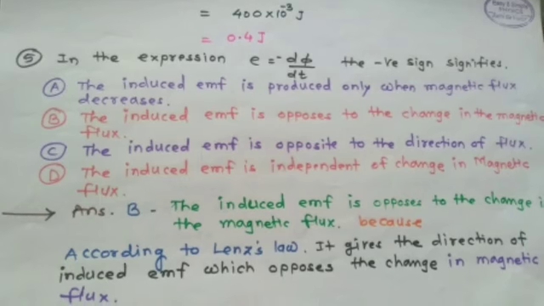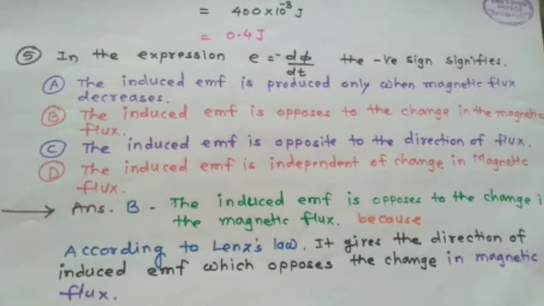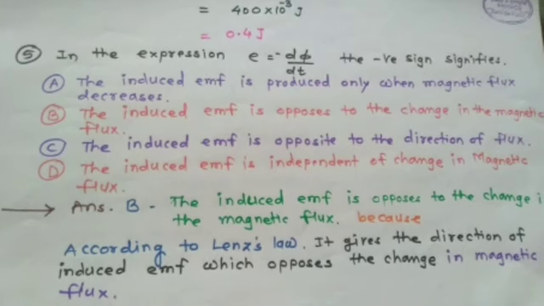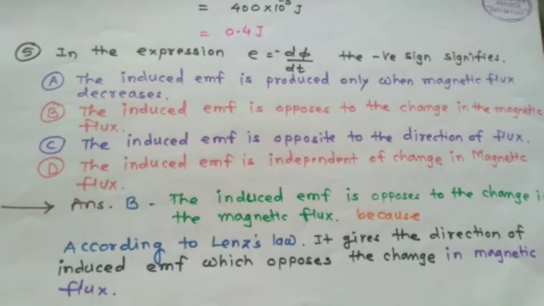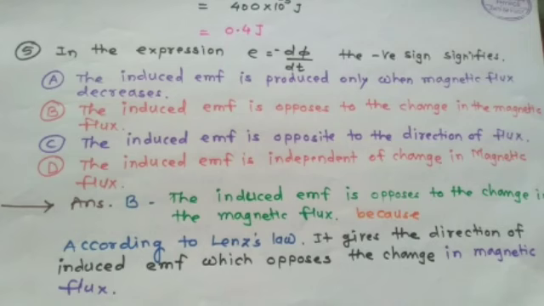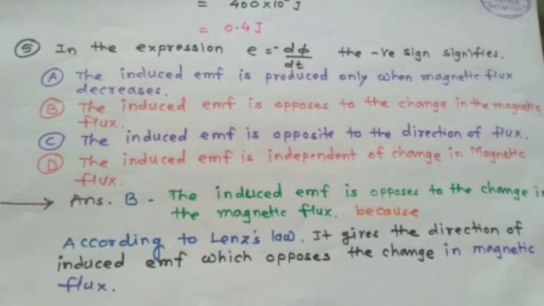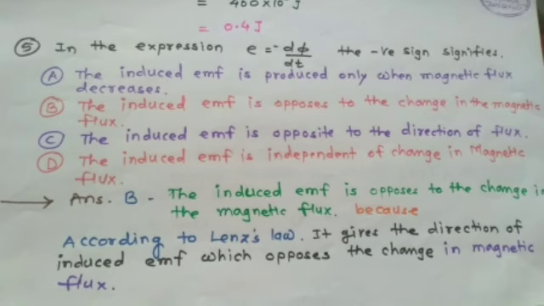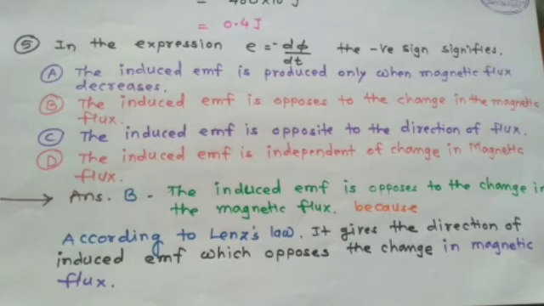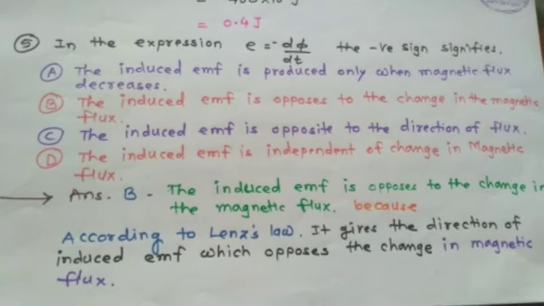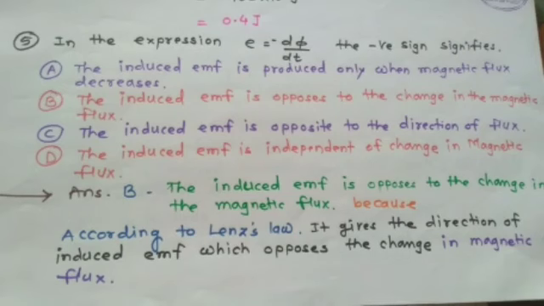And option D, the induced EMF is independent of change in magnetic flux. So here the answer will be option B. The induced EMF is opposite to the change in magnetic flux, because according to Lenz's law, it gives the direction of induced EMF which opposes the change in magnetic flux.